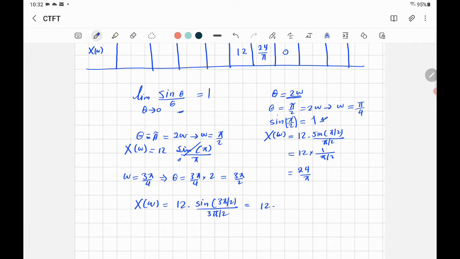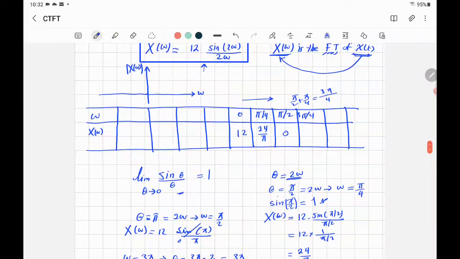Sine 3 pi over 2 is like sine 270, so it will be equal to -1, divided by 3 pi over 2, so it will be negative. 12 divided by 3 is 4, 2 will go up, so it's 8, so it will be -8 over pi. And you have the expression -8 over pi.